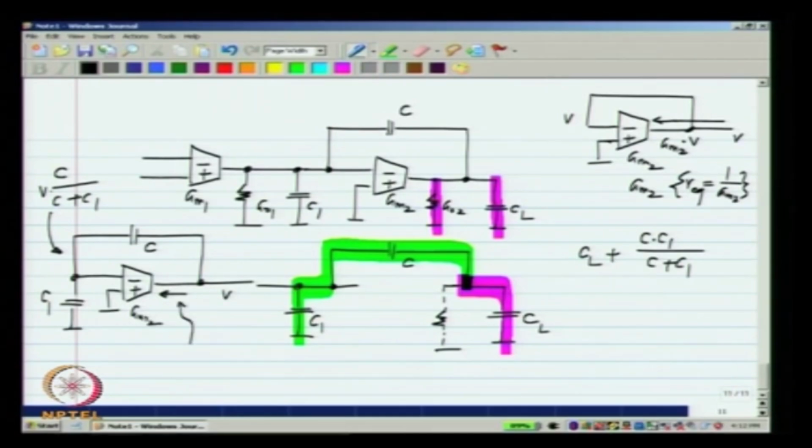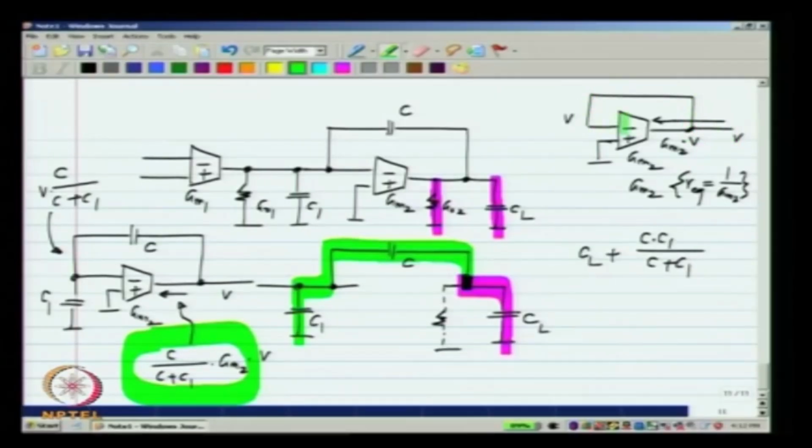So, that is nothing but C by C plus C1 times GM2 times V. Clearly, this entire network, as far as the contribution of the transconductance is concerned, looks like a conductance of that value. So, the transconductance, because it is in feedback, contributes a conductance of C by C plus C1 times GM2.